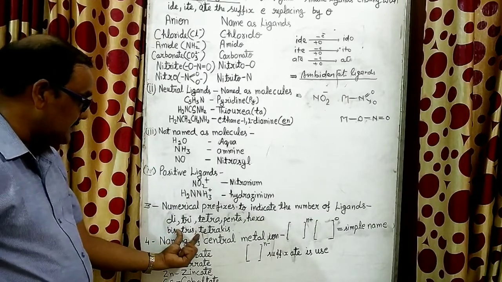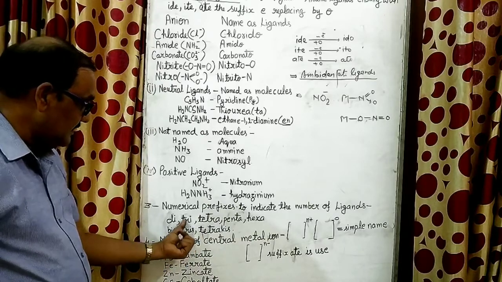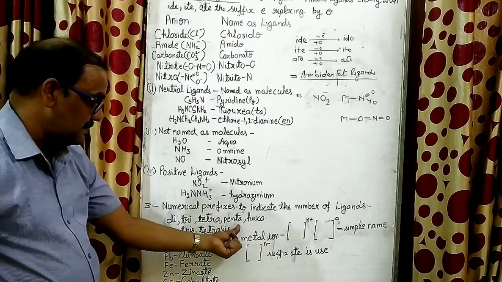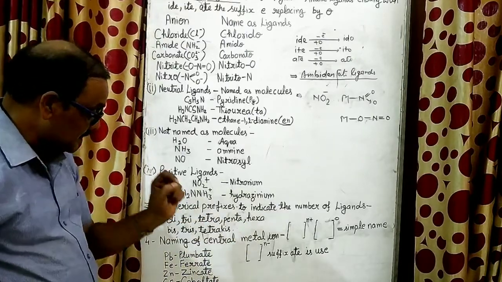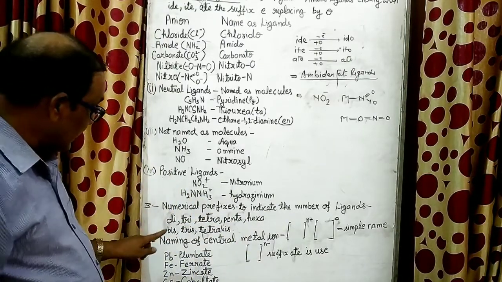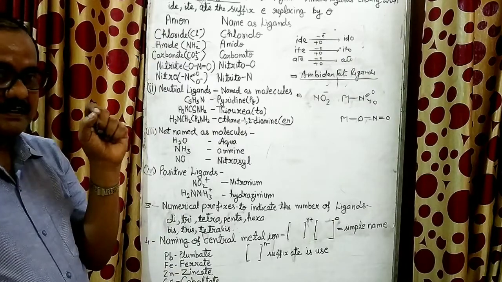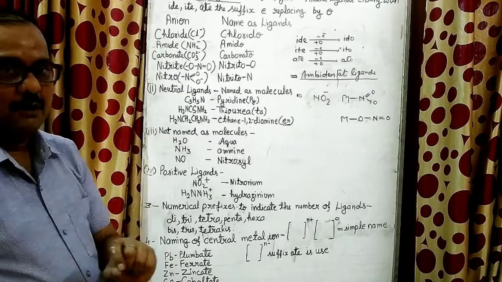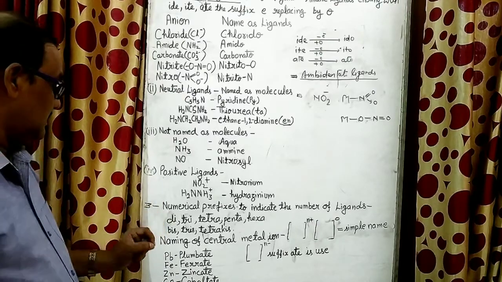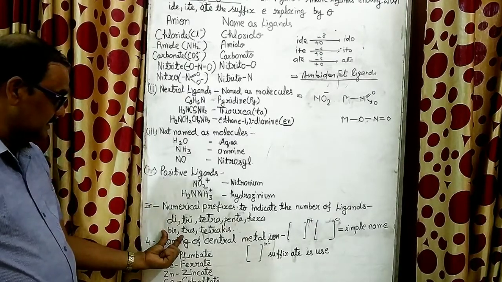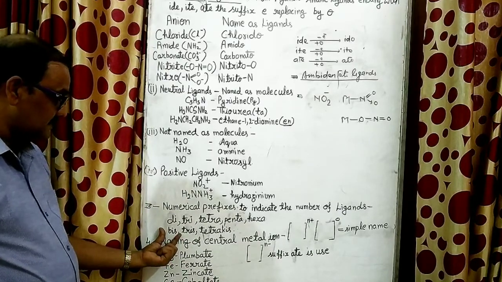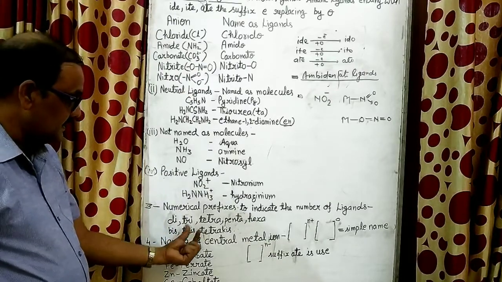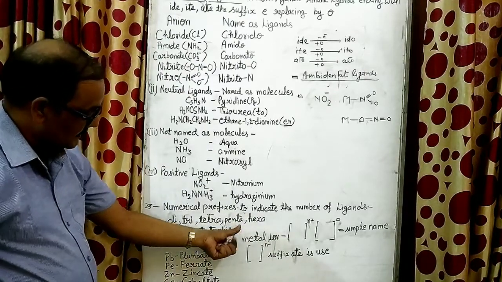If three similar ligands are present, the term used is tris. And similarly, tetrakis, pentakis, and hexakis. So in that case, for similar ligands, the prefixes used are bis, tris, tetrakis, and pentakis.